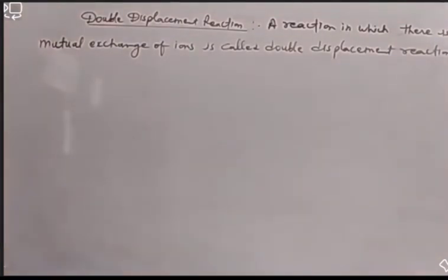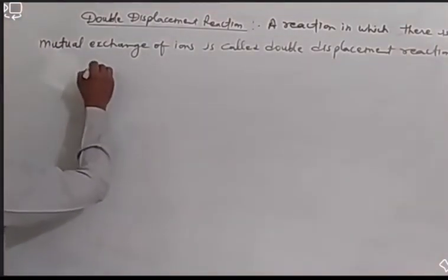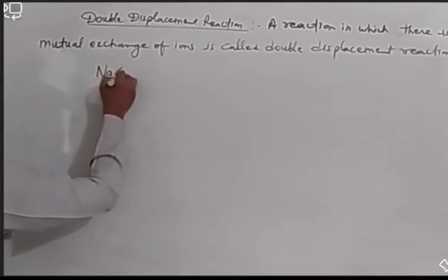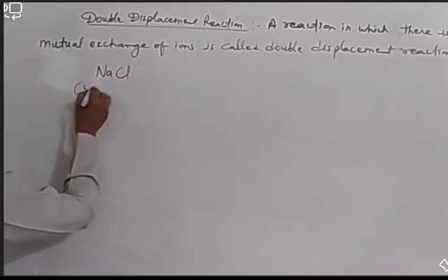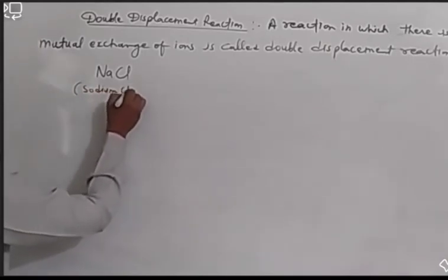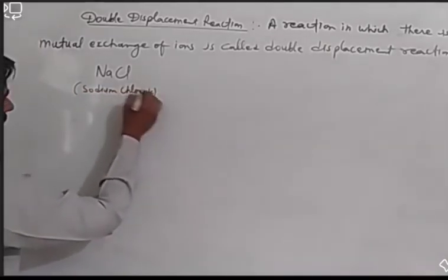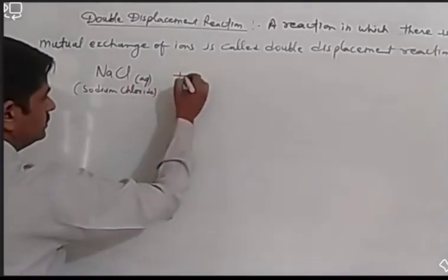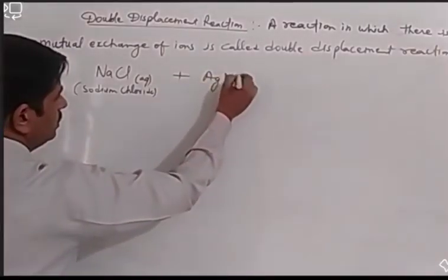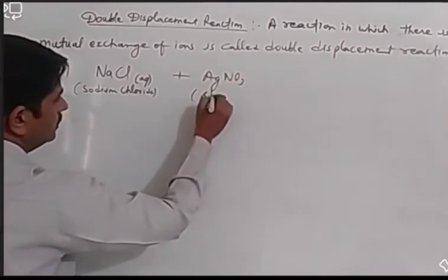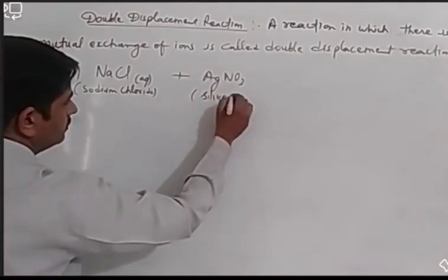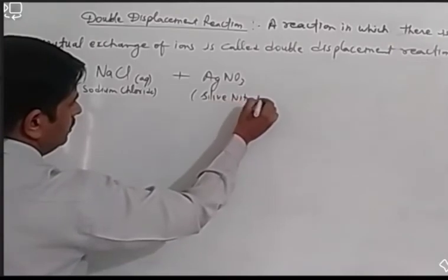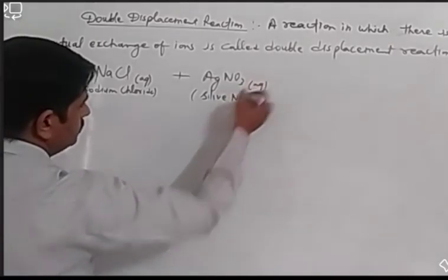Let's see an example. Suppose we have sodium chloride, NaCl, and we have to take an aqueous solution of it. Another substance is silver nitrate, AgNO3, also as an aqueous solution of both.